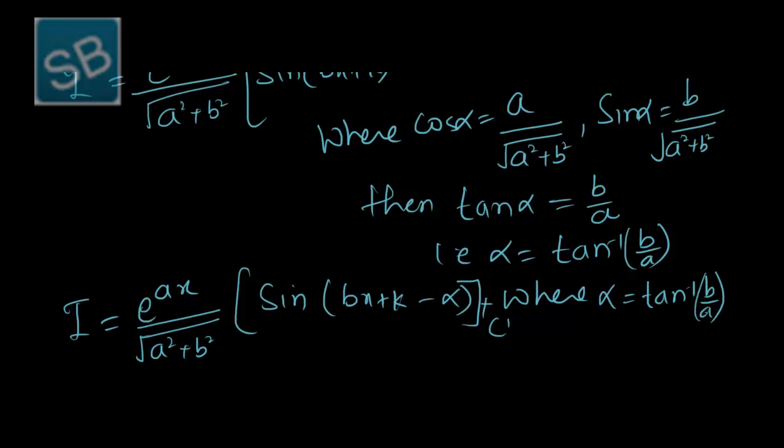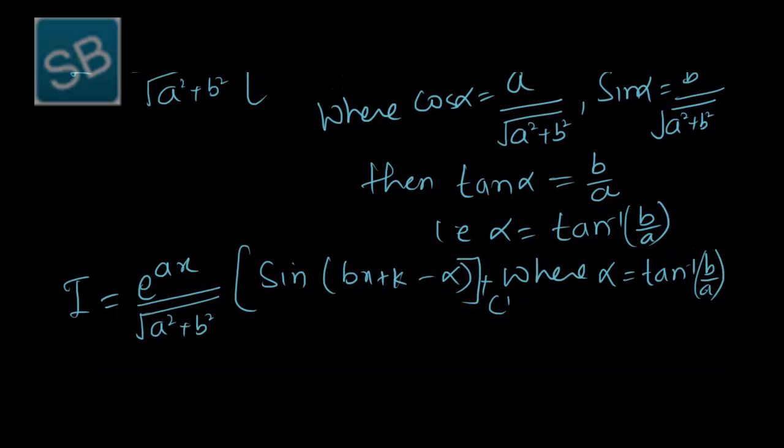So this is another form to find the integral of e raised to power ax sin of (bx plus k). On the basis of this, we are going to do one example.